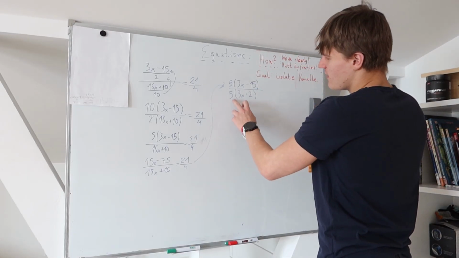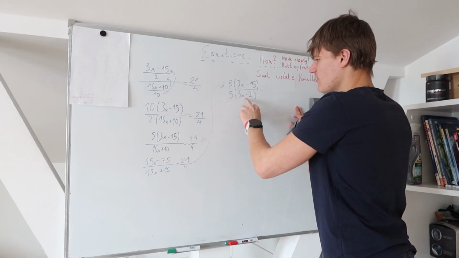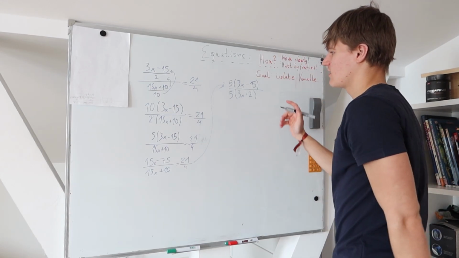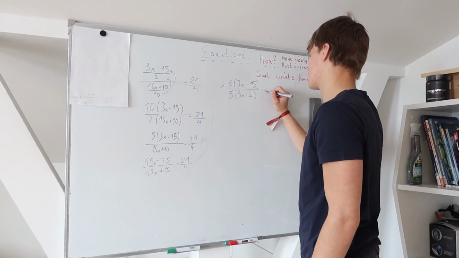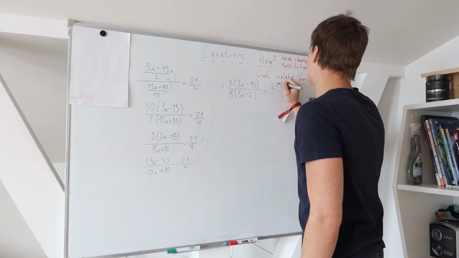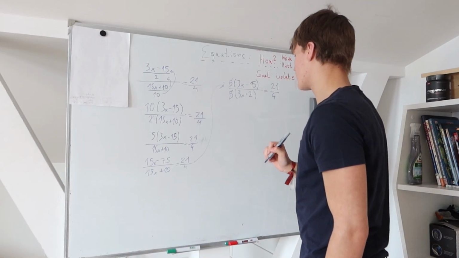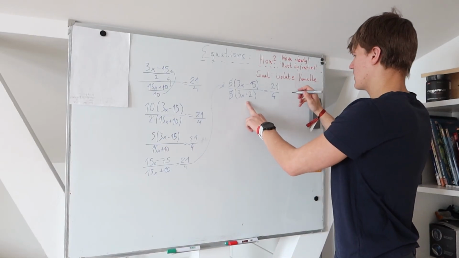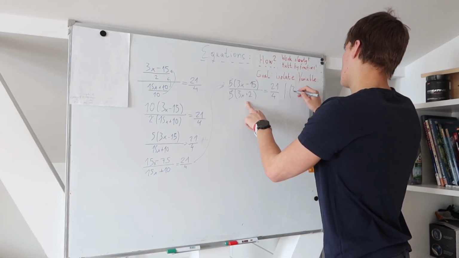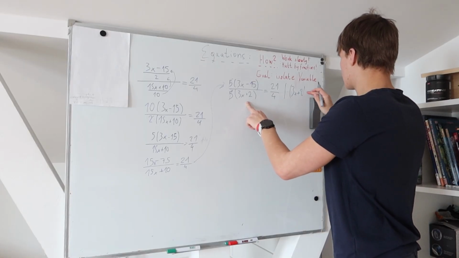So 5 times 3x is 15x, 5 times 2 is 10, right? Good. Now this and this cancels again, so we actually have very much simplification again, which is just 21 over 4. Great.